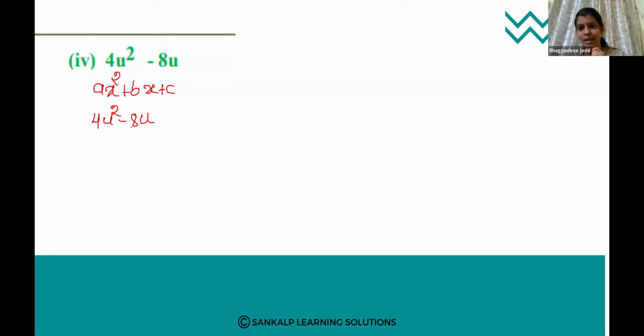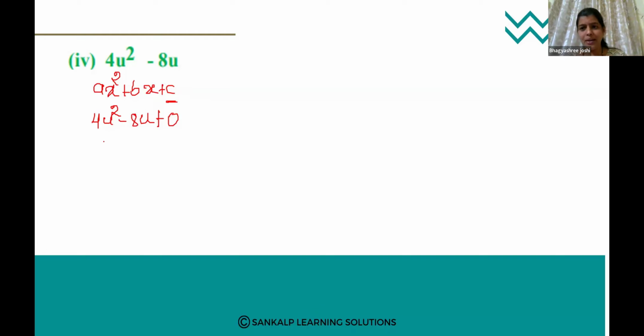Which term is missing here? The constant term is not there, so c is not there. That c I am going to write as 0. If I write 0, does it make any difference? No, it will remain as it is: 4u square minus 8u.